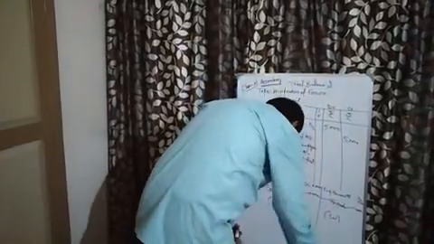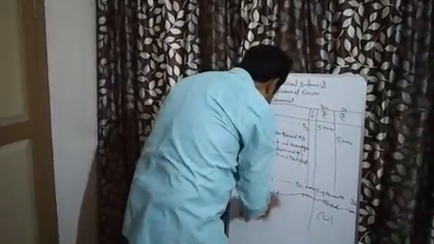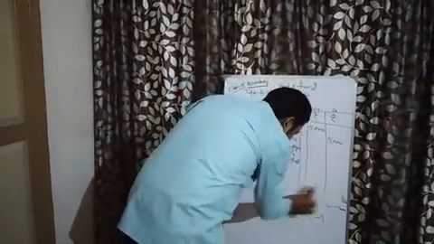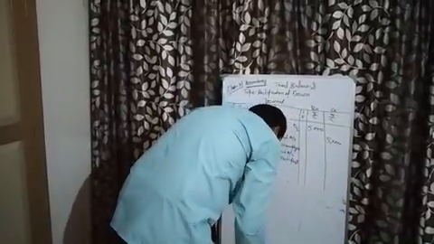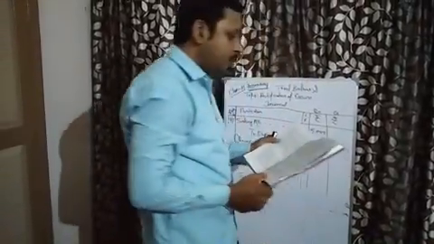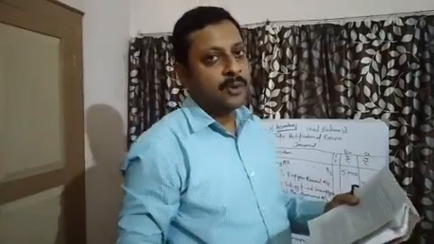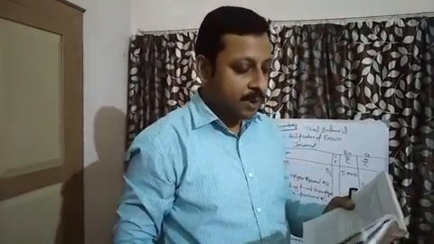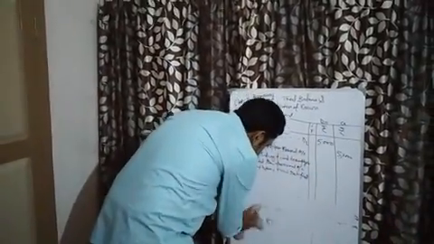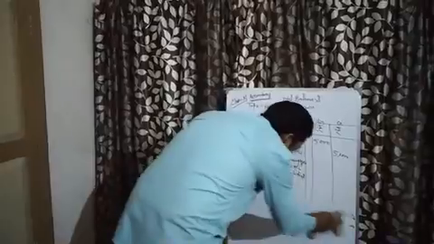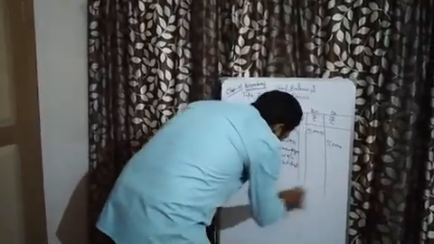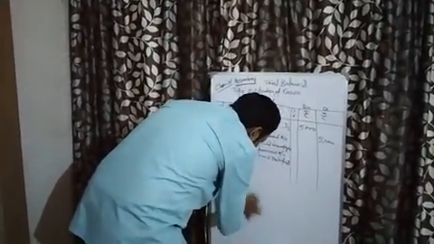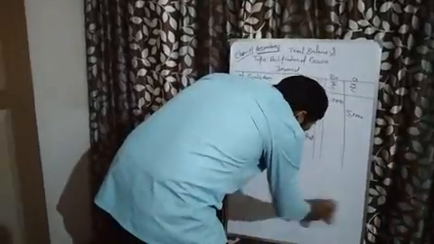Now, rent paid. Rent paid, rupees 4,000, was posted to the landlord's personal account. Another expense was made and posted to the landlord's personal account. Whatever expense you have made, it will be debited as per a normal nominal account.